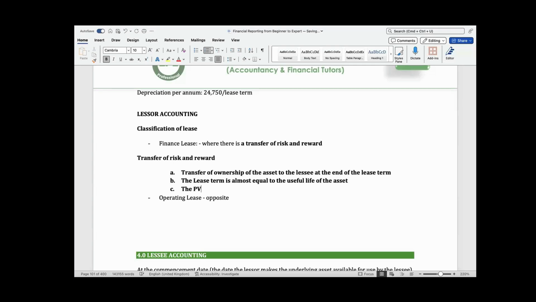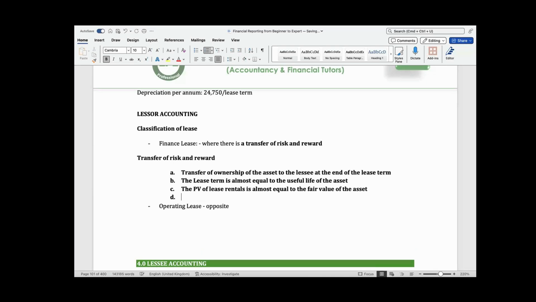Another one is where the PV of lease rentals is almost equal to the fair value of the assets. That's also an indicator that there is a transfer of risk and reward.